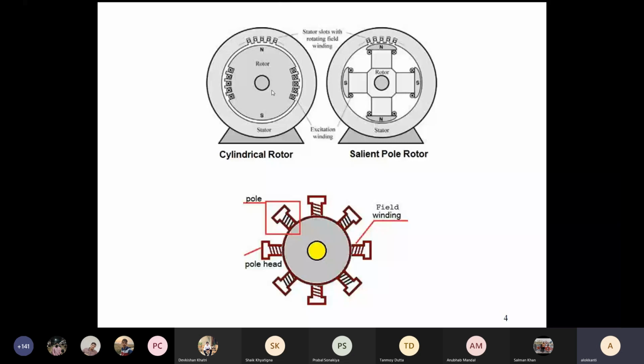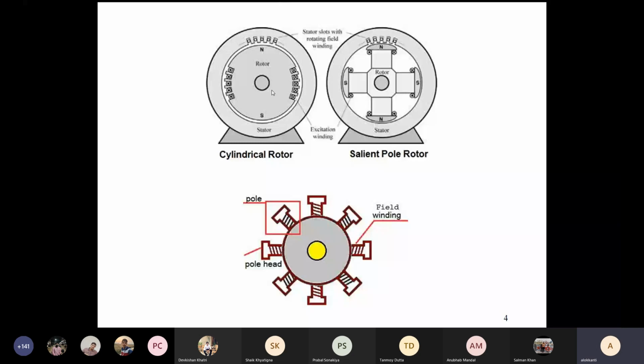You know that when a current passes through the coil, there is a direction of the field lines and polarities are created. So that is the field created inside the generator, which actually moves. The left diagram shows a cylindrical rotor, the shape of the rotor in the form of a cylinder, and this shows the cross-sectional view of the generator.